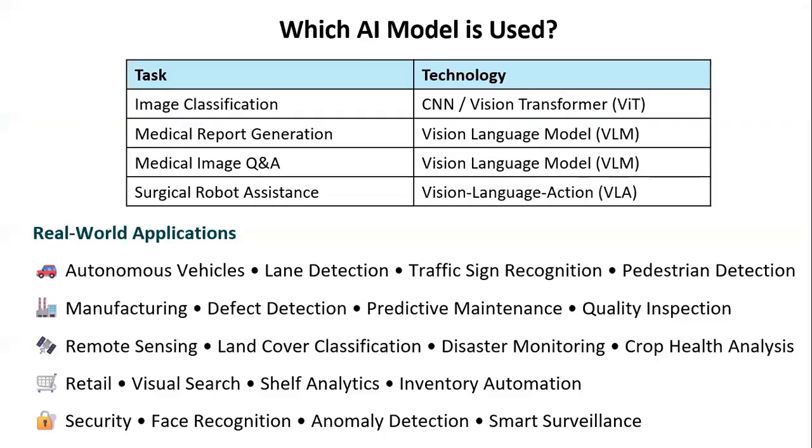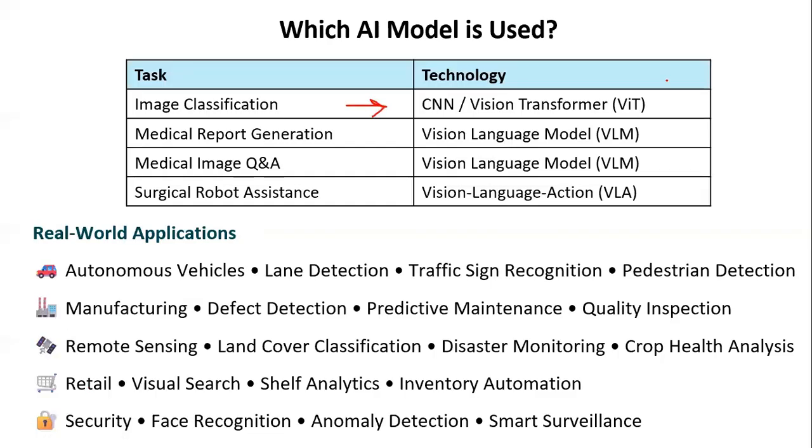So basically, which AI model is used? For image classification, basic CNN or vision transformer we can use. For medical report generation in a natural language way, we have to use a vision language model. Medical image question answering system, again vision language model. But for the next level, I'll just highlight this particular presentation.